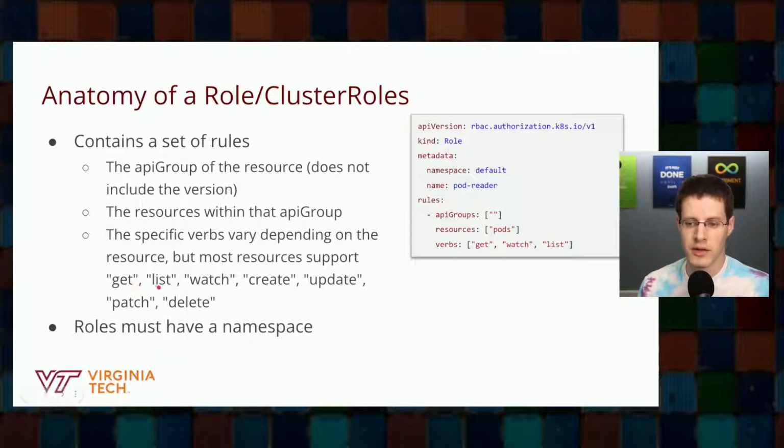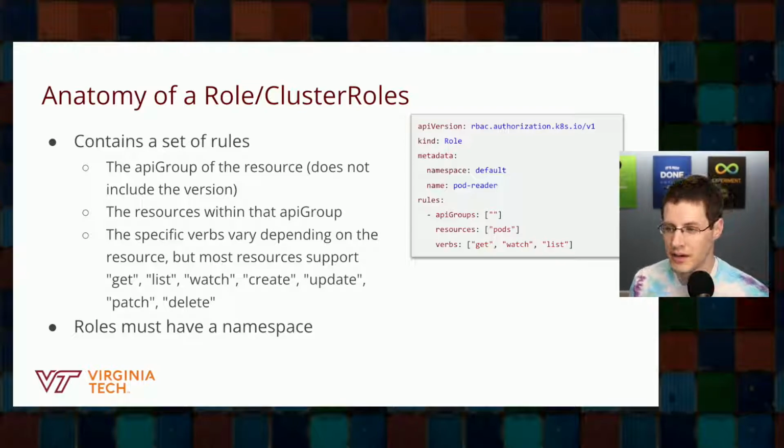So get, list, which will list them all. Watch lets me watch for events and changes, so I don't have to keep getting. Create: can I create instances of that resource? Can I update? Update and patch are quite often the same thing, but a little bit different. I won't get into it. And can I delete? Pods also have additional ones like exec.